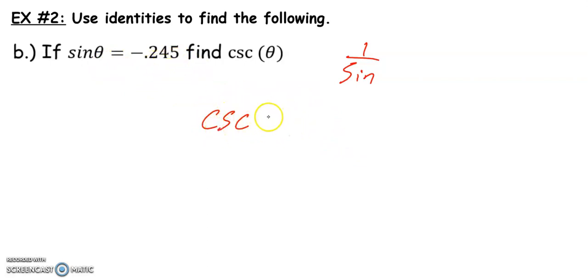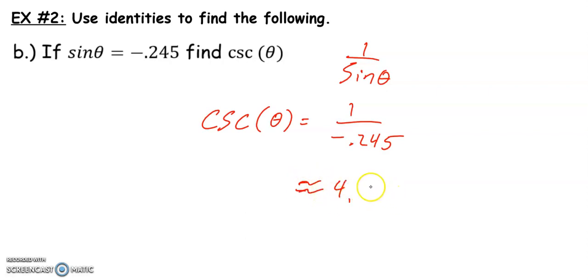So cosecant of theta is going to equal 1 over, oops, I forgot to put the theta. Got to put the theta. Negative 0.245. And I don't normally like fractions inside decimals inside fractions. So let's figure this out. 1 divided by 0.245 in our calculator. We're going to find out that the cosecant of theta is about 4.0816.